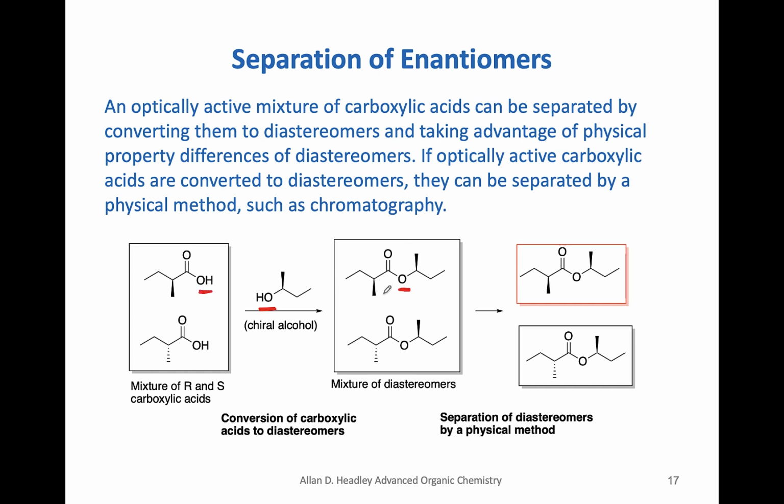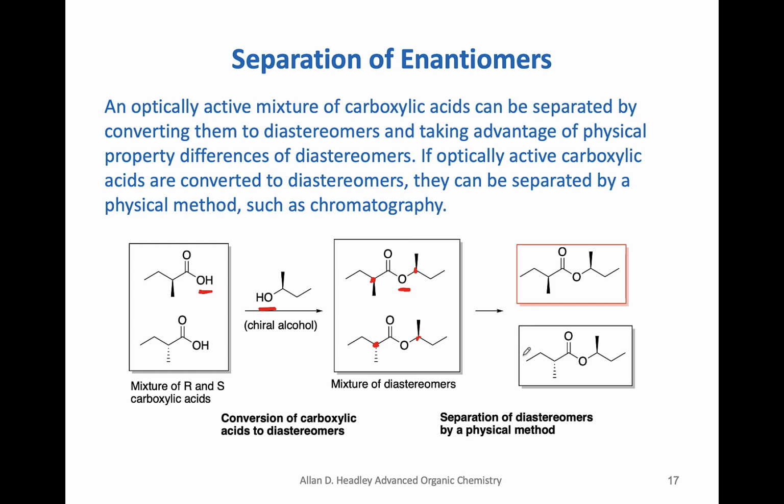But the bottom line here is that now we have a diastereomer here and a diastereomer here in the same reaction vessel. Since diastereomers are different, they also have different properties. Typically, sometimes melting points and polarities and so on are all different compared to enantiomers.